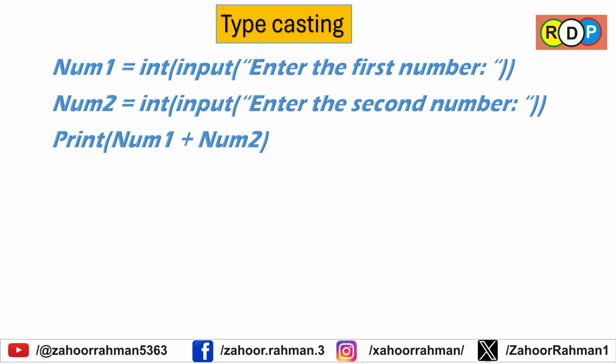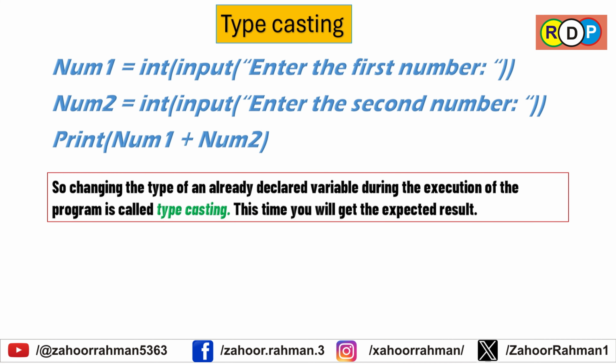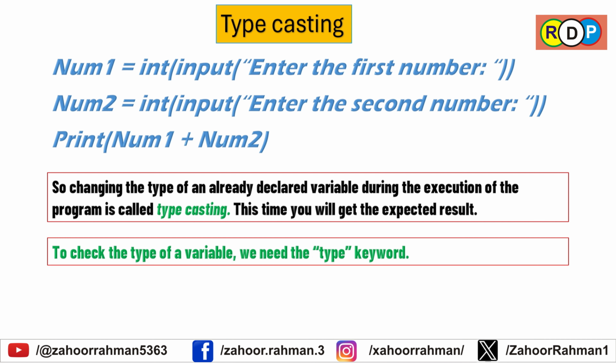In this case you will see the expected result. So changing the type of an already declared variable during the execution of a program is called typecasting. This time you will get the expected result, not the unexpected result.